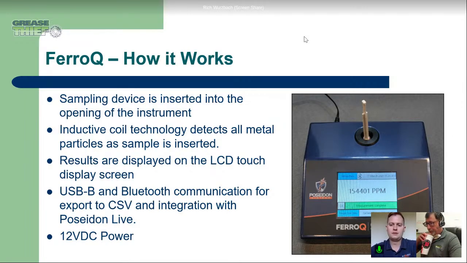Some of the functionality of this is pretty important for the guys on site. We have Bluetooth capabilities built in, so that sites can have back-end software that collects that data. A simpler way is just with the USB and a laptop, exporting it as a CSV file.